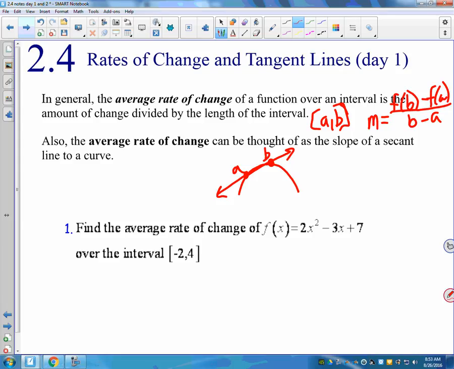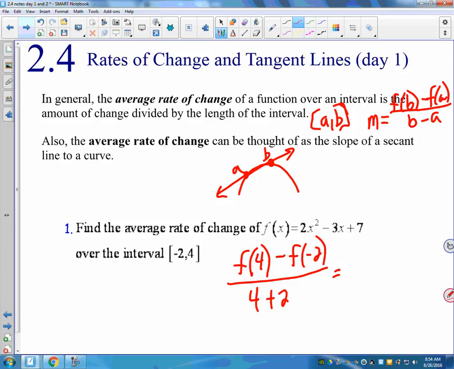I don't really have to draw it because this is my A and this is my B. So I can find my average rate of change by just taking the slope: the Y values subtracted divided by the X values subtracted. f(b) minus f(a) over b minus a. And then you would just plug it in.